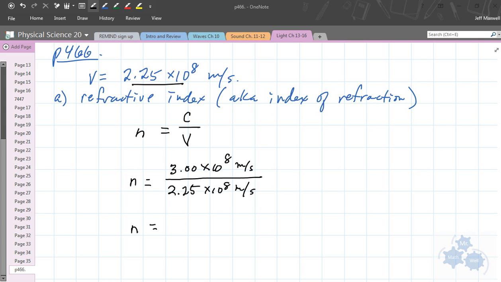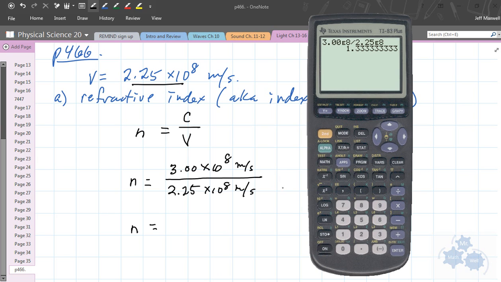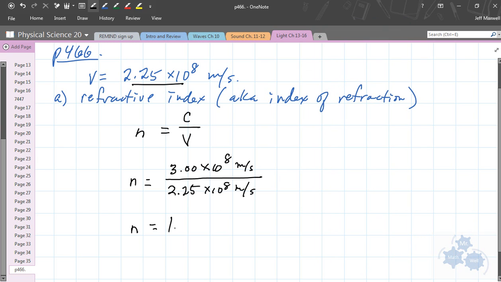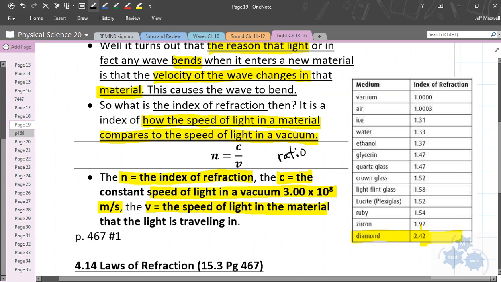So we do that on our calculator, and you get N equals 1.33, repeating. We got three sig figs there, so we'll leave 3 sig figs for the index. Now, if we go back to our chart, do you see that index on the chart anywhere?